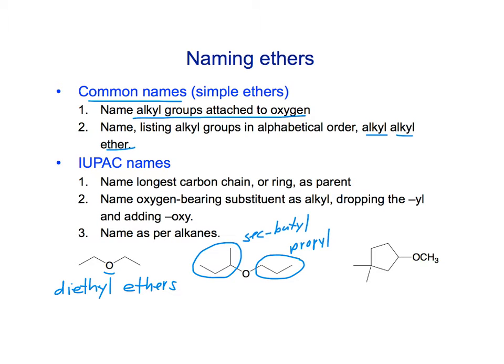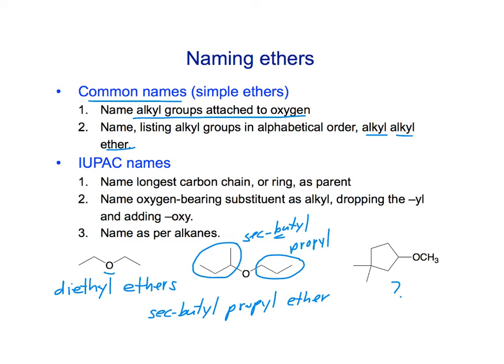So remember, we alphabetize: butyl comes before propyl. We would just call this sec-butyl propyl ether.